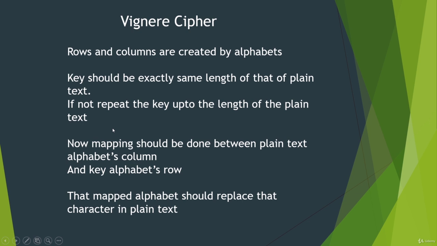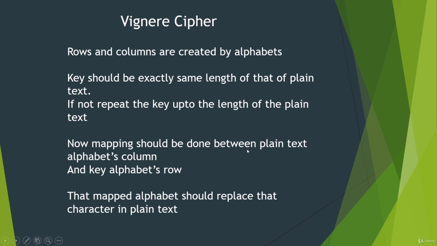That means if the plain text length is 10, and if the key is 4, you need to repeat it again 4, and you get the key as 8. So you get the remaining 2, right? That means you need to fill up 2 more characters, and you can just repeat the first 2 characters of the key. That's how you make sure that the plain text length and the key length are equal.